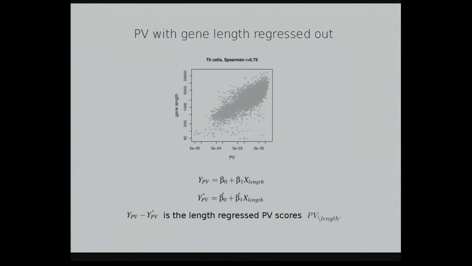However, on the other hand, we also don't want this information to become the dominant factor. We basically want to see what else is behind this gene length factor. So we did linear regression to regress out the gene length factor, and the original PV minus the estimated PV, which is the residue, then becomes another version of our PV score where the gene length is regressed out.